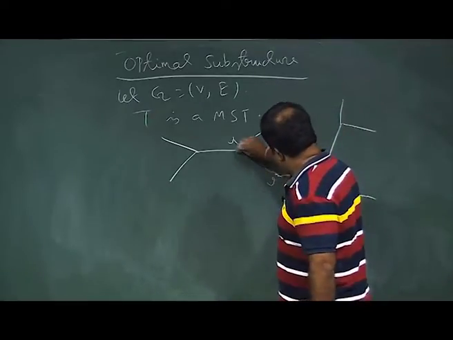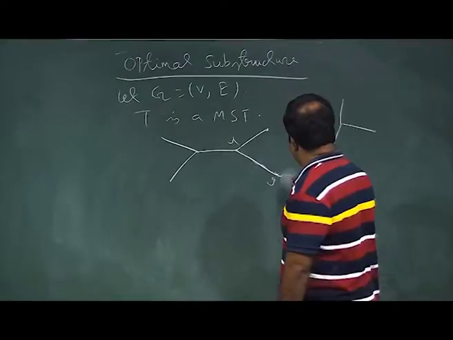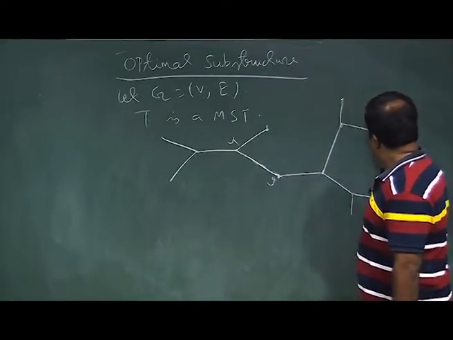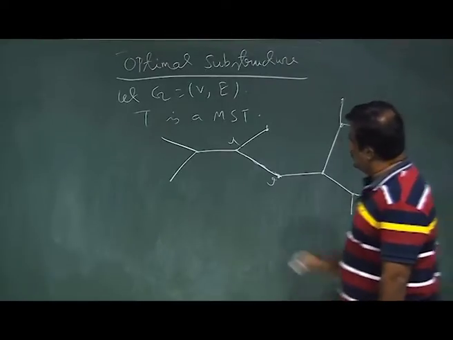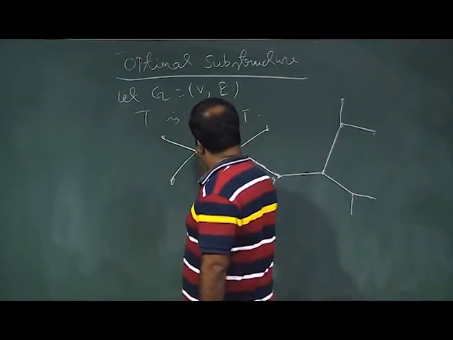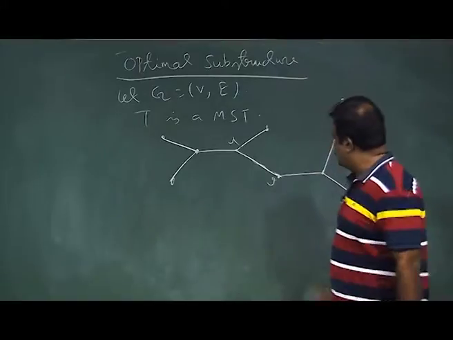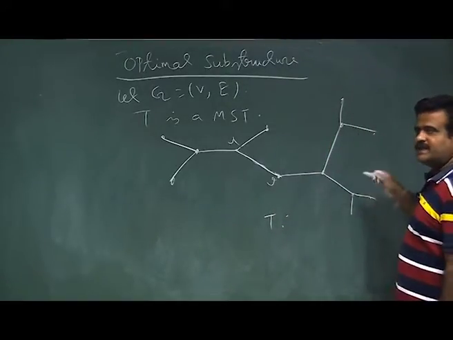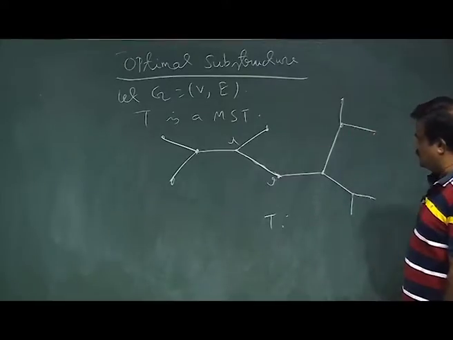Suppose this is a minimum spanning tree which is covering all the vertices. So we have a graph which has the same number of vertices, but in the graph, this is T, the minimum spanning tree, and in the graph we have some more edges over there, but the number of vertices is the same.